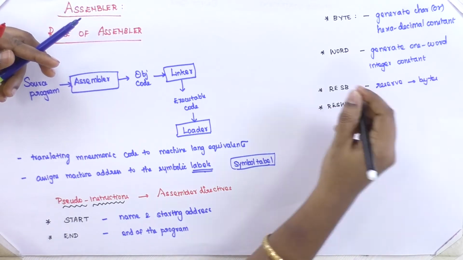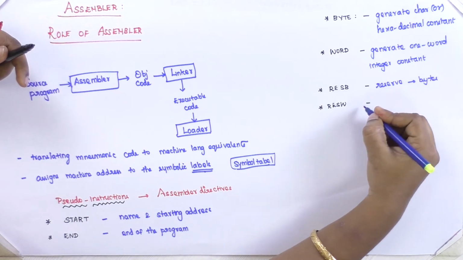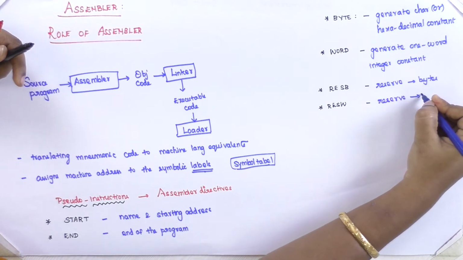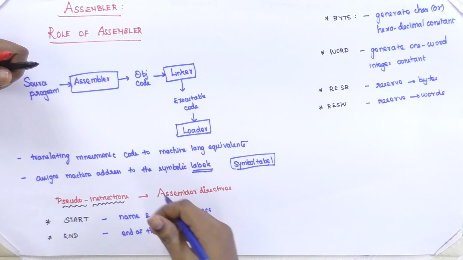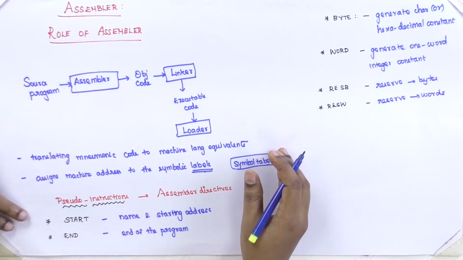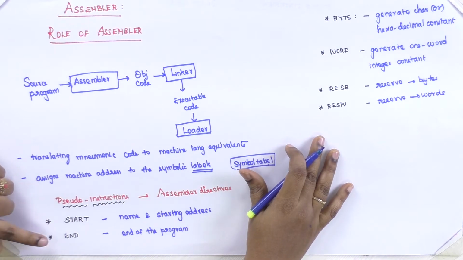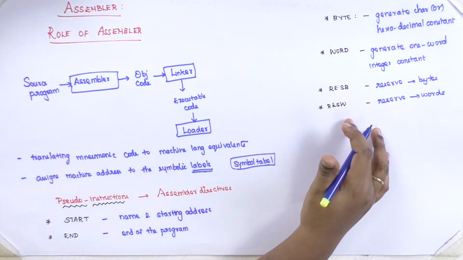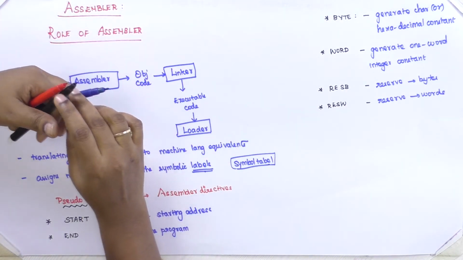RESW stands for reserve word. Like reserve byte, reserve word will reserve the indicated number of words for a data area. So these are the basic assembler directives available in all assembly language coding: START, END, BYTE, WORD, RESB and RESW. Now let us see an example program.